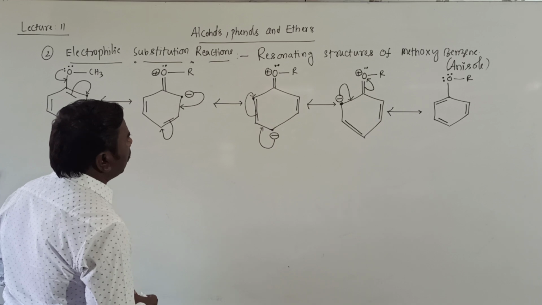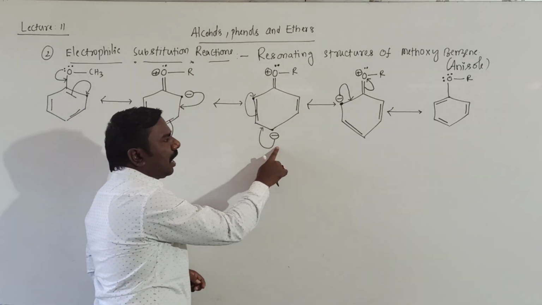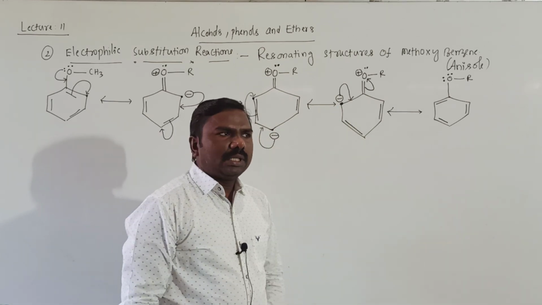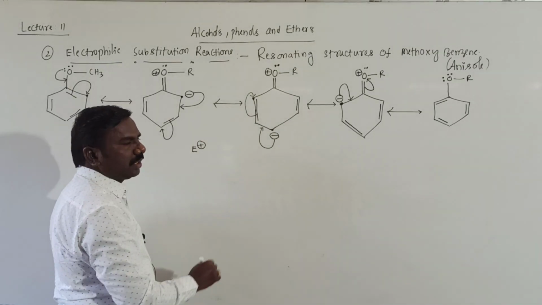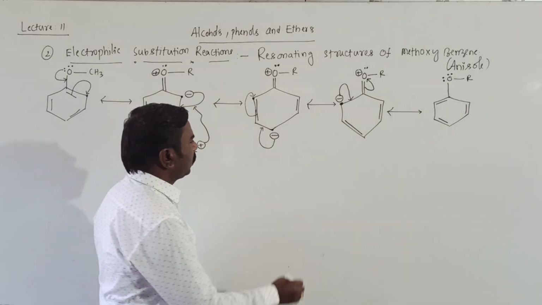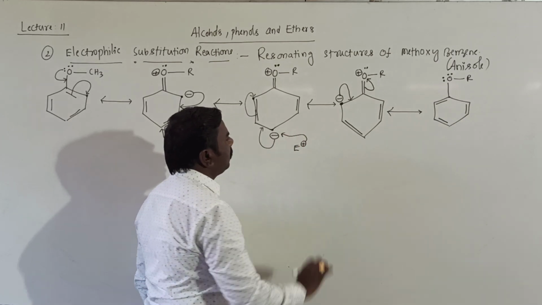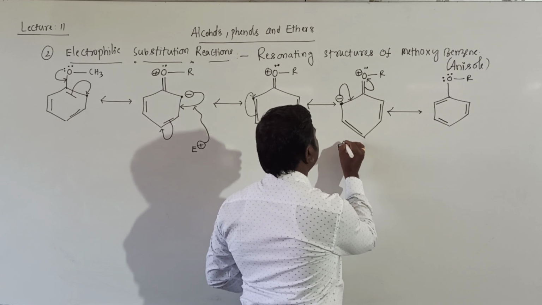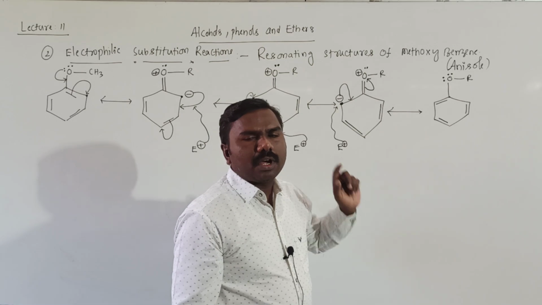And which positions? There is a negative charge at the ortho position, at the para position, and again at the ortho position. The incoming electrophile, which means a positive charge, will be shifted to the negative charge at the ortho position. The electrophile is also possible to shift to the negative charge at the para position. When the electrophile shifts to the ortho position, it forms the ortho product.